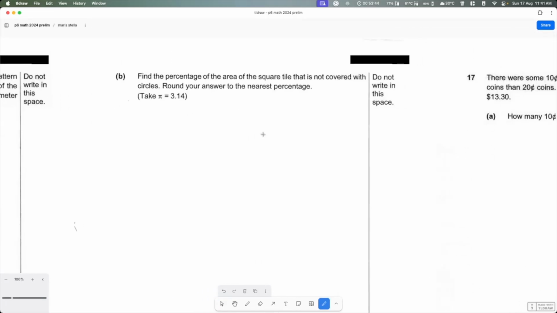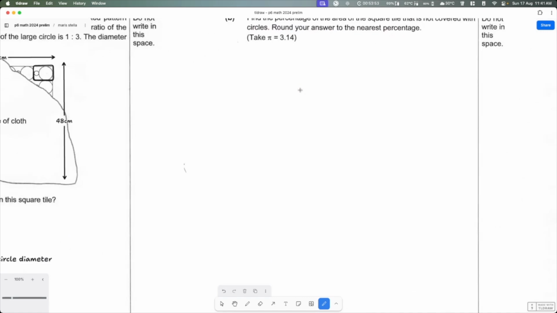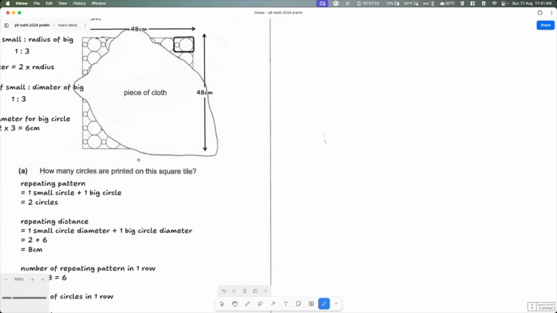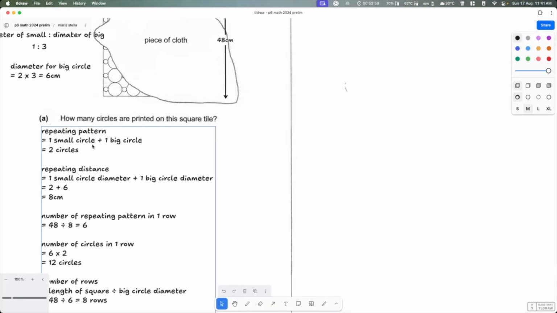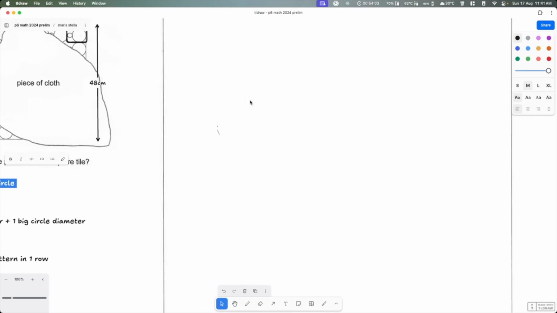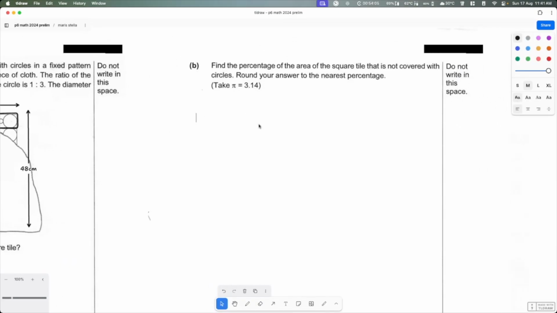Part B, find the percentage of area of the square tile that's not covered with circles. Round your answer to the nearest percentage. So from here, we know the number of total circles and the repeating pattern as well. One repeating pattern is this.